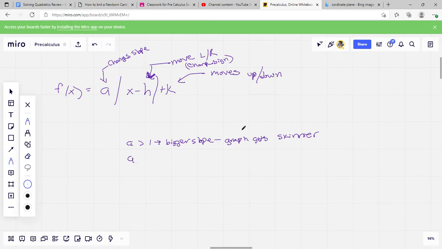If A is a fraction, right, less than 1 but not a negative number, that makes less slope, and your graph gets wider.